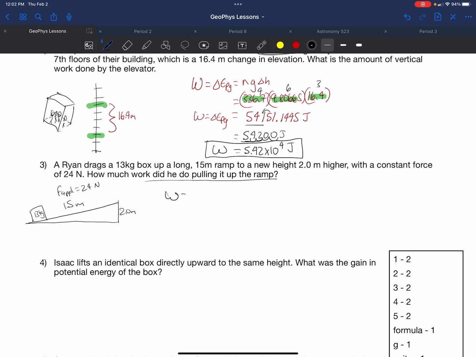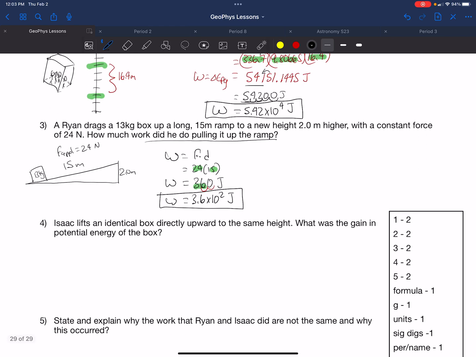Well, that work is the force times the distance, 24 times 15, and that works out to be 360 joules. We have 2 digits here, 2 digits here, so we can only have 2 digits there. Writing this in scientific notation, we get 3.6 times 10 to the second joules. That's how much work the person did dragging it up the ramp.